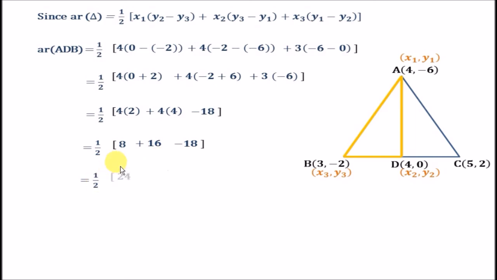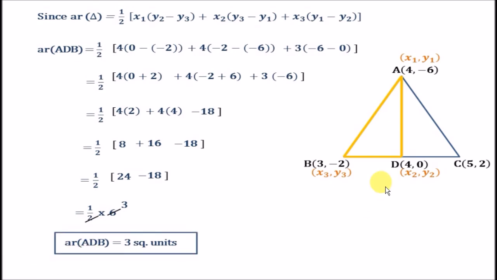Half into 8 plus 16 will be 24, minus 18. Half into 24 minus 18 will be 6, so 2 1s are 2, 2 3s are 6. So area of triangle ADB equals 3 square units. So we have got the area of the first triangle.